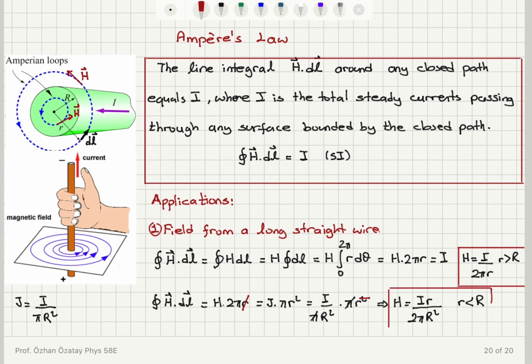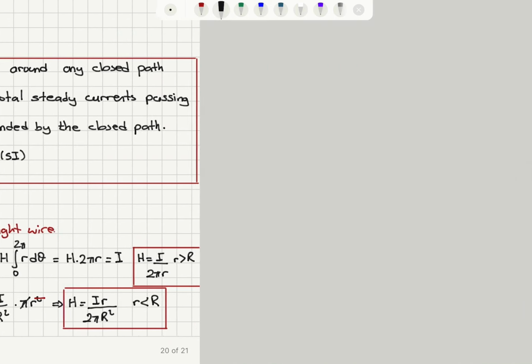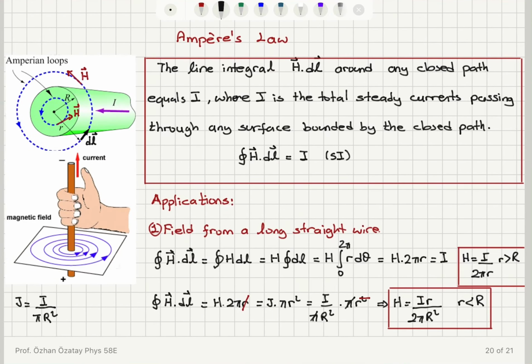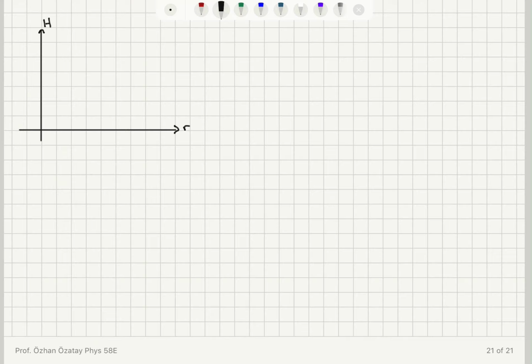So it will be increasing linearly with distance from the center, and then it will be decreasing as 1 over r. So if you wish to plot this, you would see that H as a function of r will look like this. It's increasing linearly with distance.